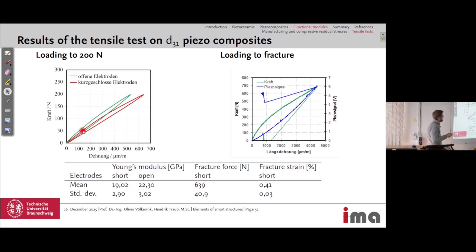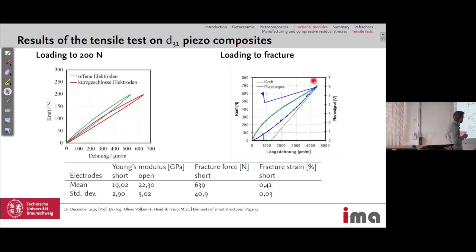And when we load it to fracture, again a force strain diagram with microstrains here, then we can see that in green there's the signal from the strain gauges going up this way, and we have a similar signal from the piezos, but with a curvature the other way around.